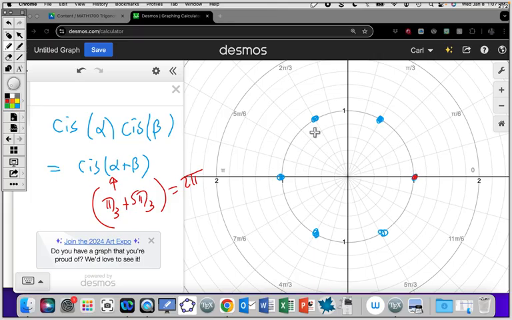So when I multiply any two of these together, I'm going to get another one in the list. And this forms what's called a mathematical group. In other words, if you multiply any two of these roots of unity together, you're going to get another sixth root of unity, which is pretty cool because you're just doing that rotation as you go around the circle.